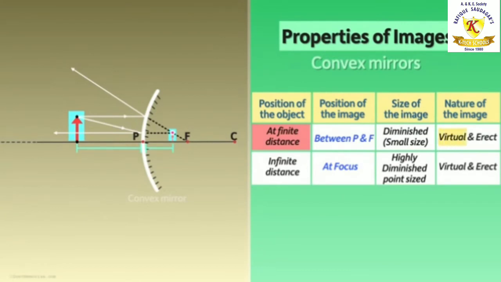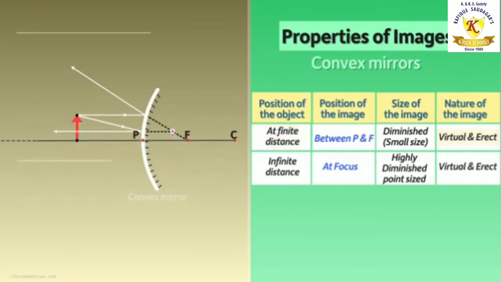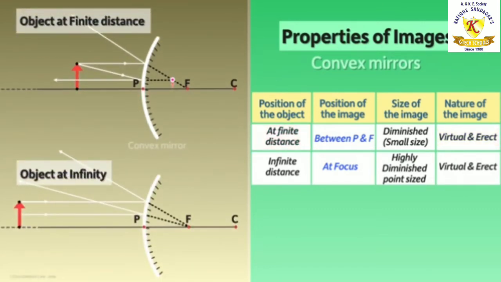Here, even though it's a virtual image, it does not follow that property. So, these two are the ray diagrams representing the image and its properties. Understood, children?